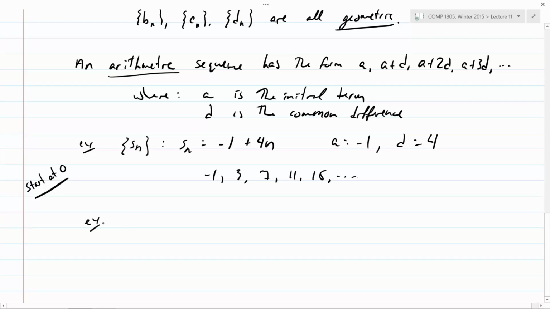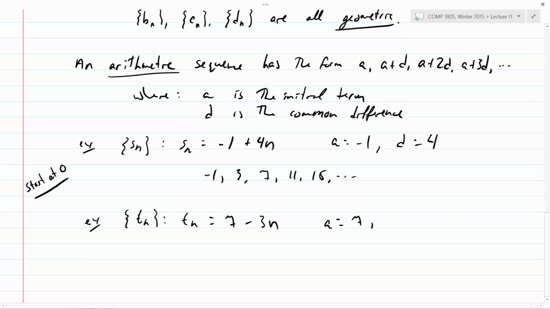All right, another example. Let's say I have Tn, and it's defined by Tn equals 7 minus 3n. This one's a little bit different from before. What's a going to be, assuming we start at 0? 7. And what's the common difference?